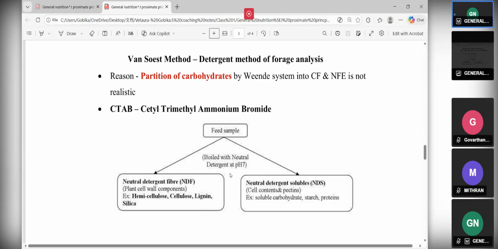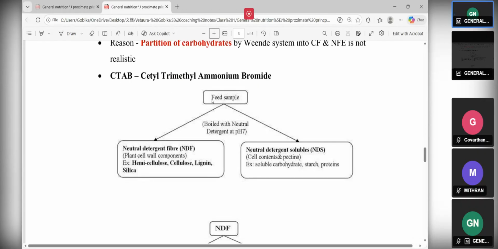Then coming to the analysis aspect, first of all the feed sample is partitioned into neutral detergent fiber and neutral detergent solubles by boiling the feed sample with neutral detergent at pH 7, because the name itself indicates neutral, that is the pH will be around 7.